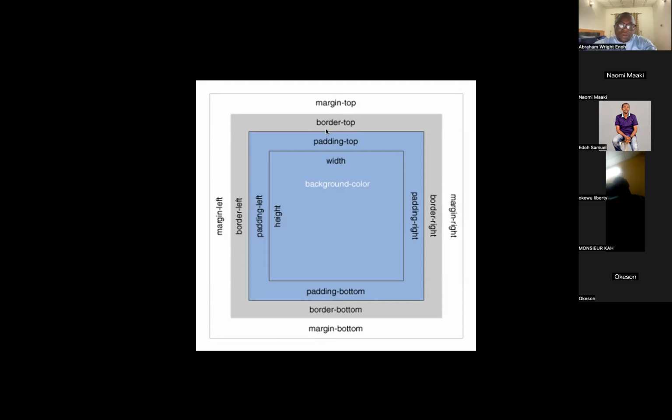You see border top, border left, border right, border bottom. You see padding top, padding left, padding right, padding bottom. And you see width and height and the background color. These are the things that you see here, right?